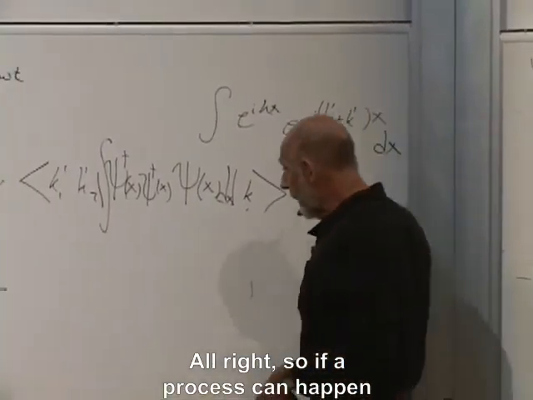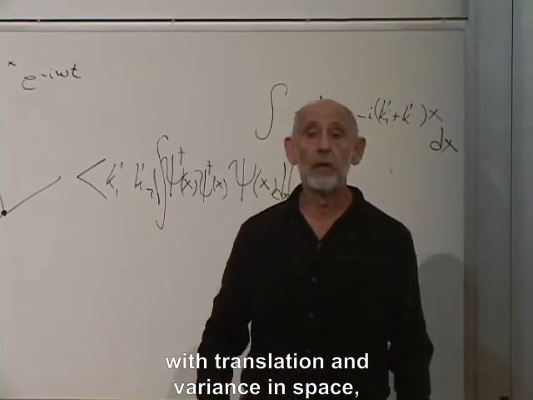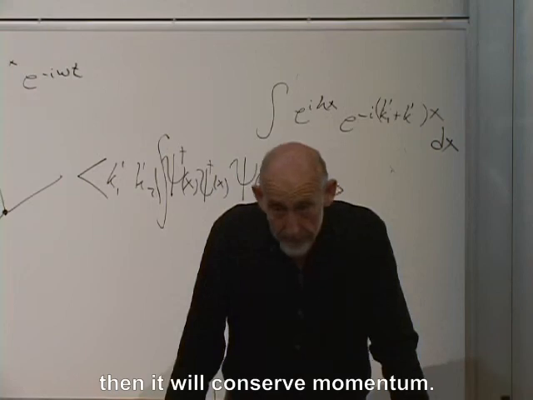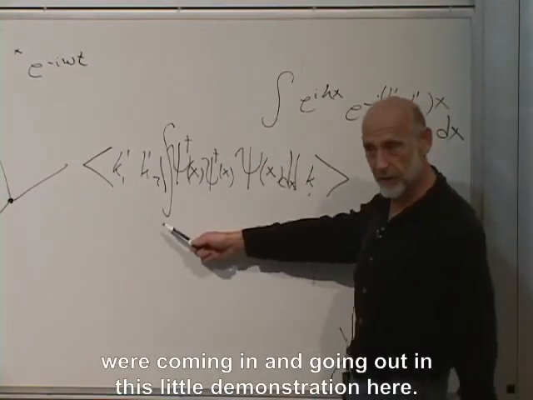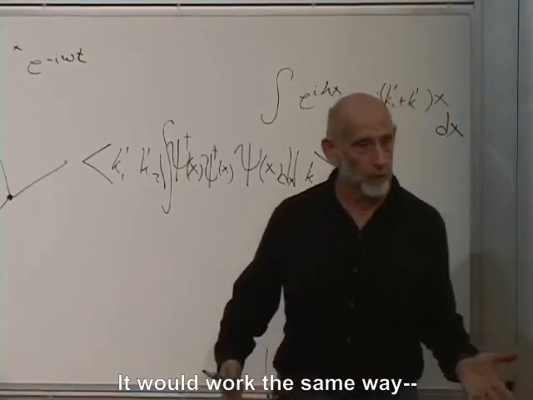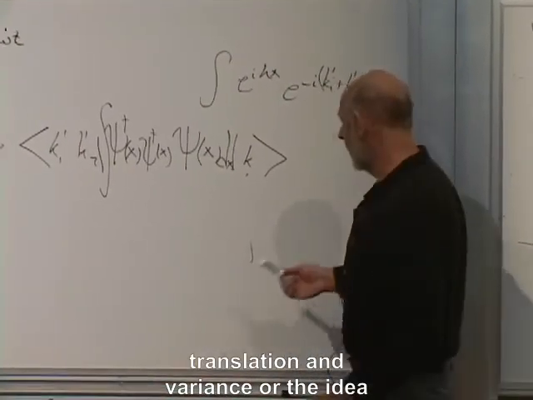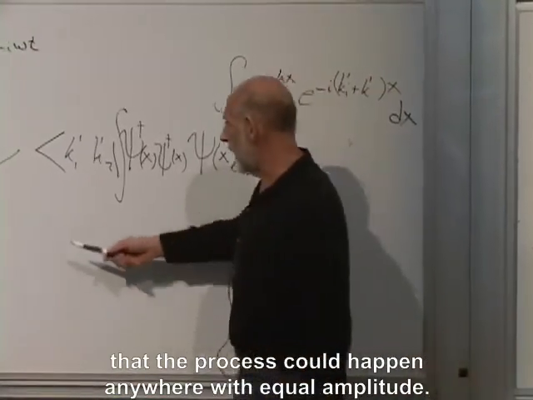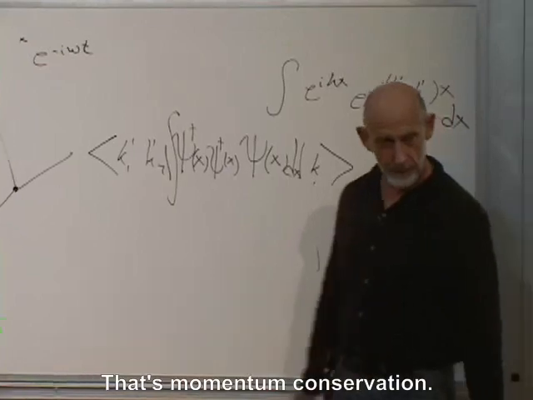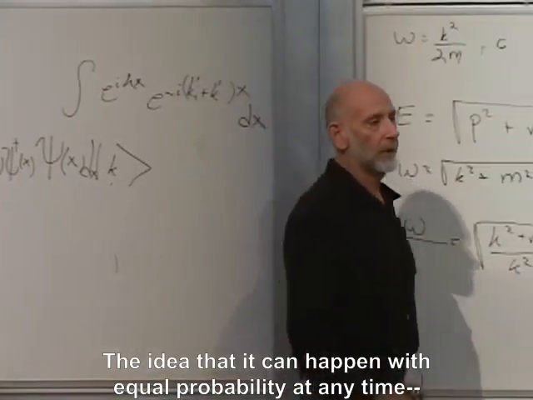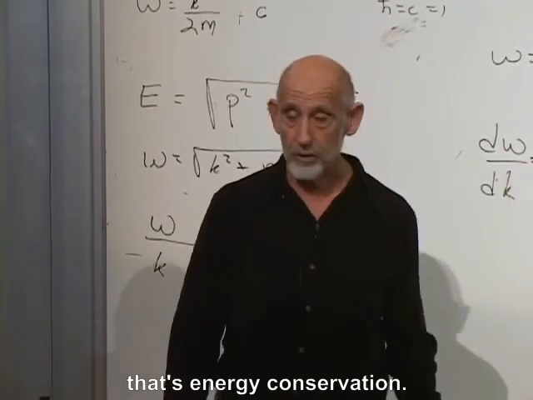So if a process can happen with translation invariance in space, then it will conserve momentum. And in fact, it didn't matter how many particles were coming in and going out in this little demonstration. It would work the same way. Translation invariance, or the idea that the process could happen anywhere with equal amplitude, that's momentum conservation. The idea that it can happen with equal probability at any time, that's energy conservation.